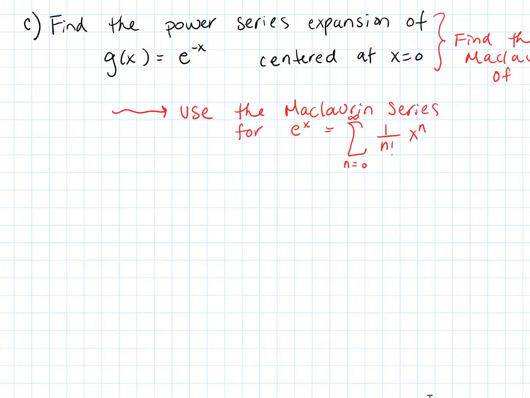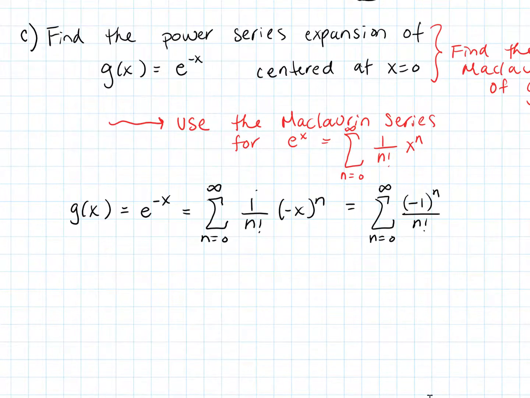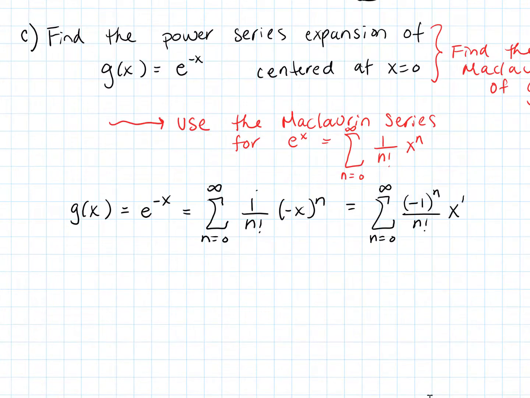So g of x equal to e to the negative x would simply be the power series from n equals 0 to infinity of 1 over n factorial times negative x to the n, which simplified would be the sum from n equals 0 to infinity of negative 1 to the nth over n factorial times x to the nth.